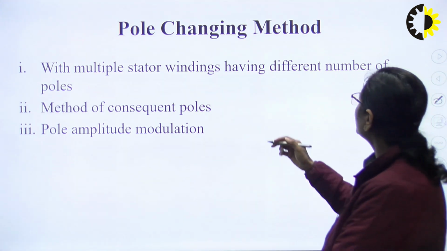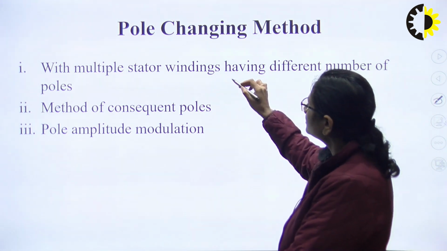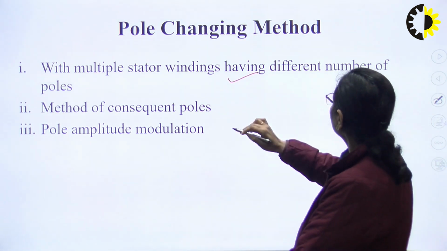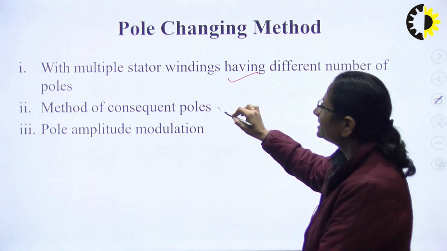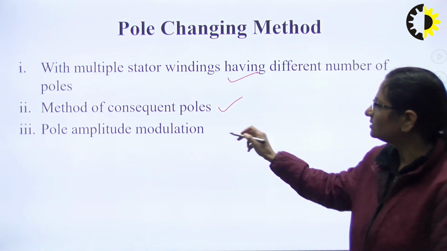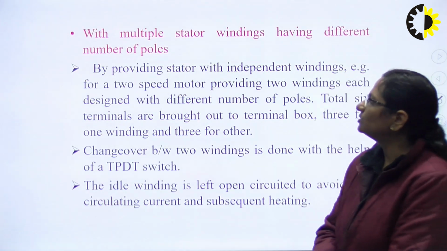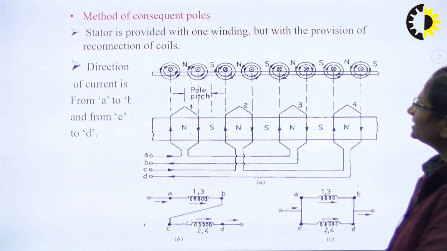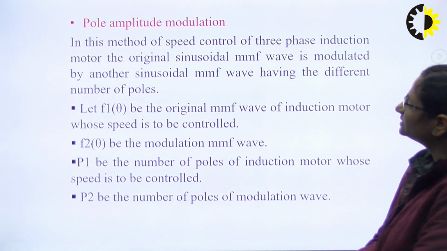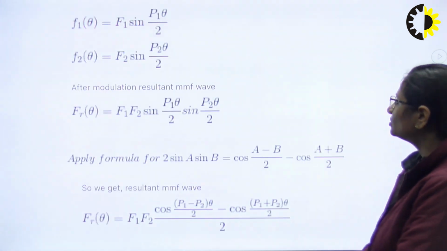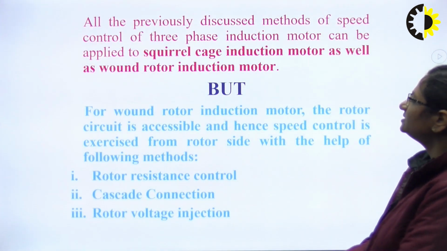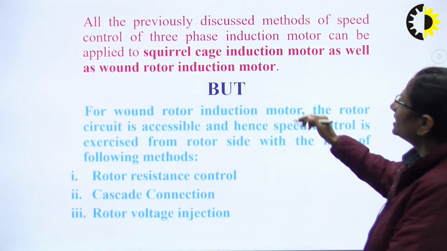In the pole changing method, we discussed three methods: multiple stator windings having different numbers of poles, consequent poles, and pole amplitude modulation. So now let me proceed with the other methods.